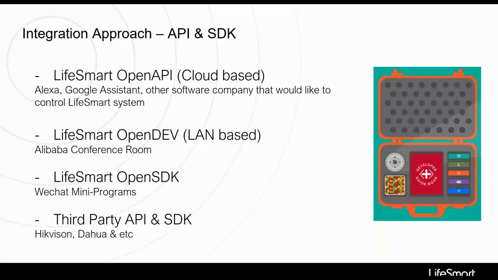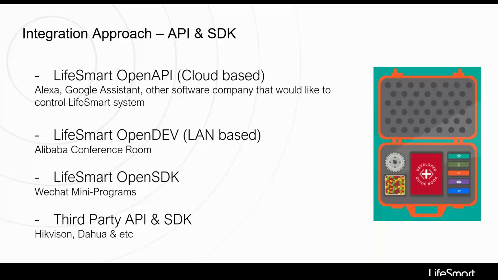Let's first see the first option, LifeSmart Open API. This API is a cloud-based interface. If a third-party developer would like to use Open API, they are basically using the interfaces on our LifeSmart cloud.